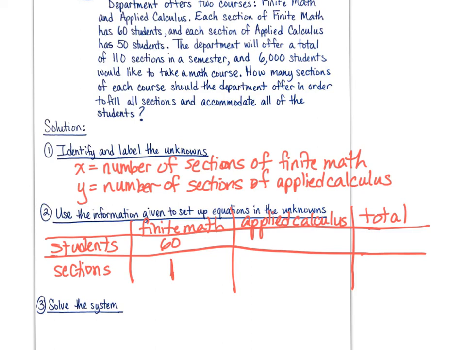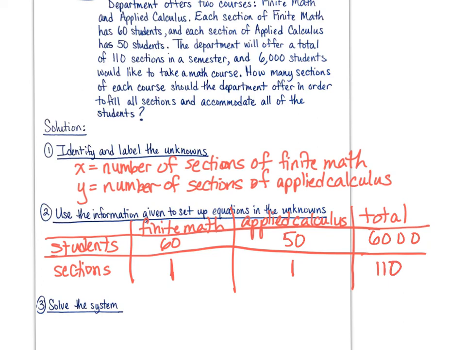Applied calculus. Number of students? 50. Sections? 1. Total number of students? 6,000. Good. Total number of sections? 110. Good.